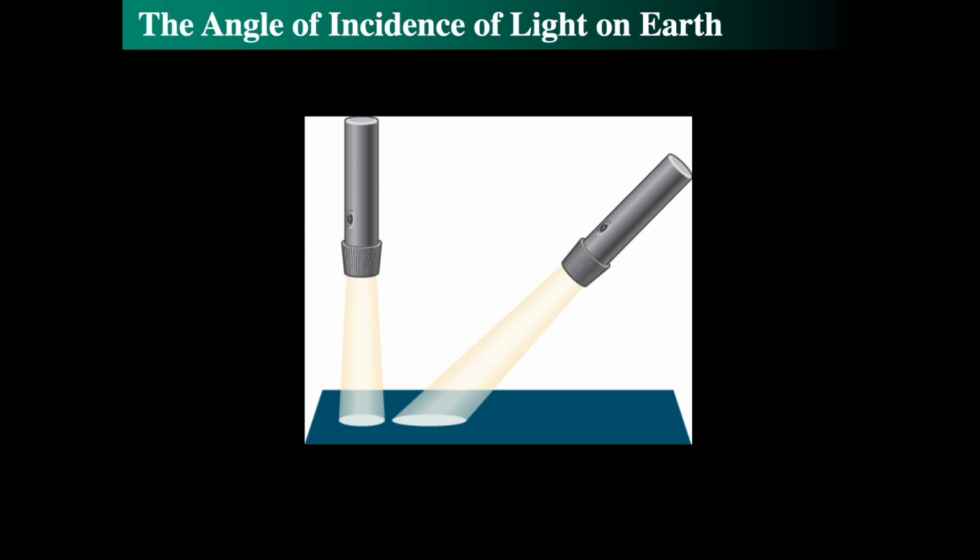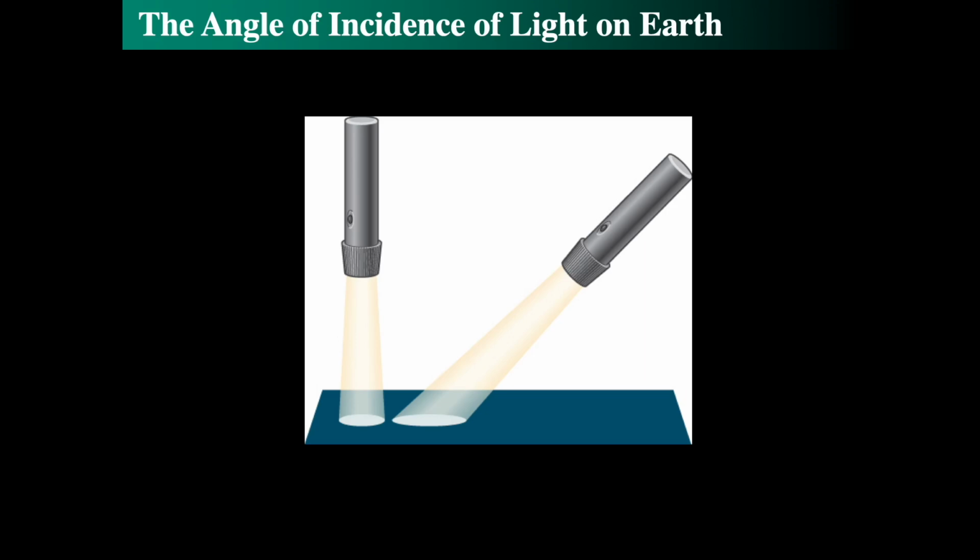That's what the left-hand side flashlight idea is representing. But in the winter solstice, when the sun is low to the horizon at noon, the sun's light is spread out over a larger surface area. Therefore, it is less intense per square inch, which means the energy received by the ground is less per square inch.